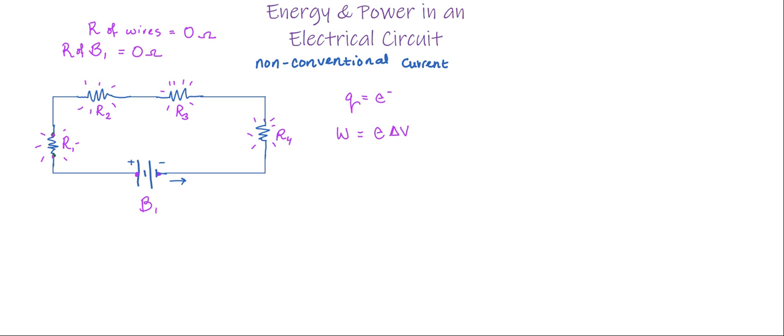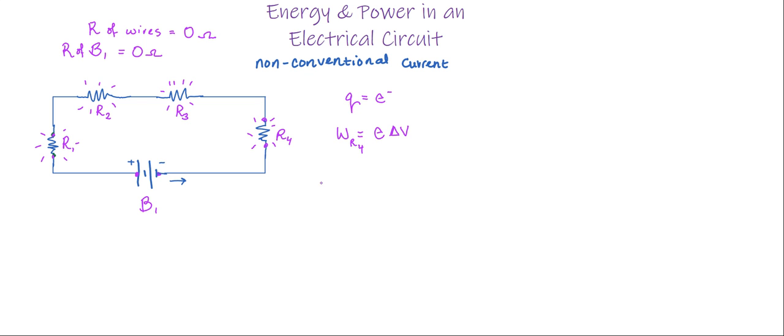So the potential difference across the resistor will matter to how much work is done on that electron as it passes through, in this case, R4. The same expression would be true for each of these resistors.